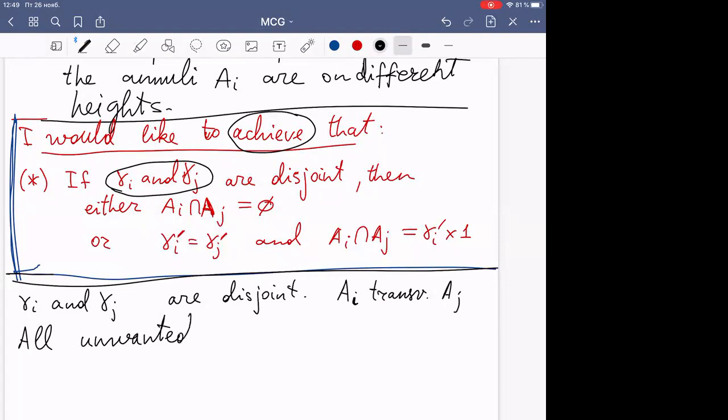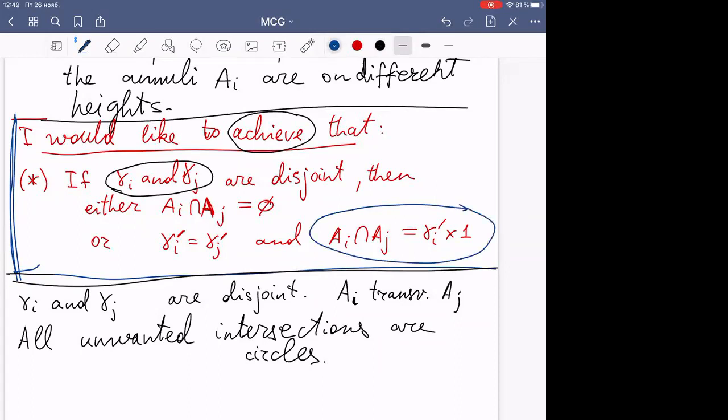All unwanted intersections, unwanted means that we allow all intersections between the annuli that correspond to non-disjoint curves, and we allow this intersection at the last moment.